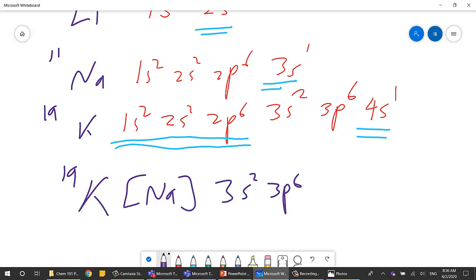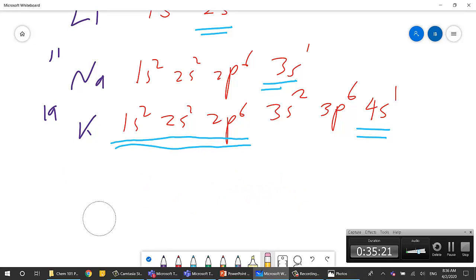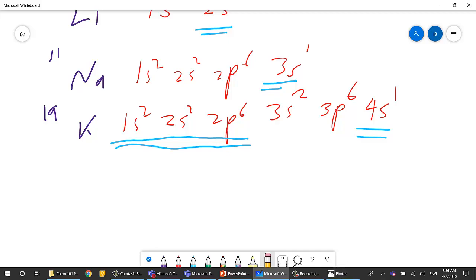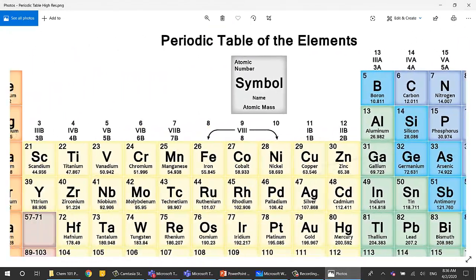Sorry, it's not sodium. I will come back to this later, but I just want to show you that these electrons are the same. Now you can practice solving these electronic configurations for different atoms, whatever you like.